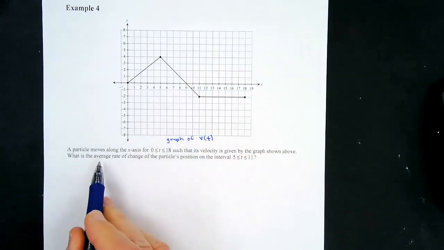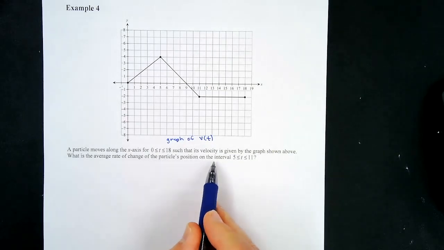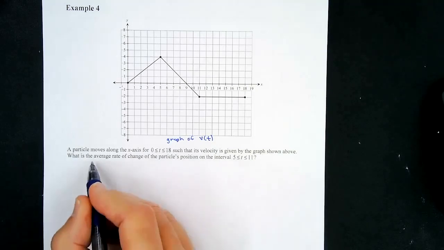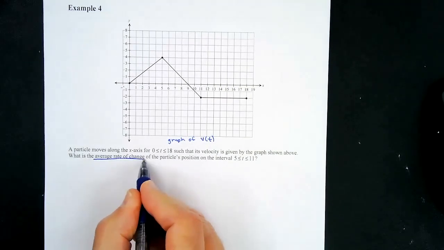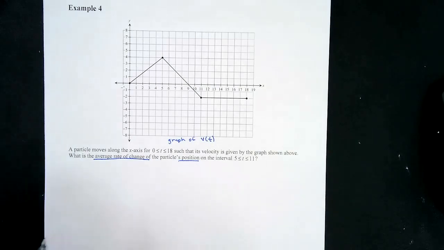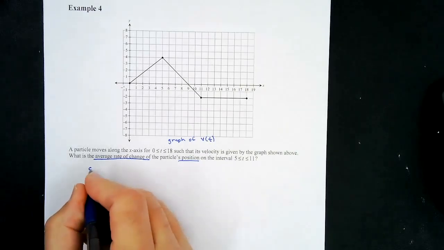What is the average rate of change of the particle's position on the interval 5 to 11? Okay, so average rate of change of position. What that is telling us is that's the change in position over the change in time.